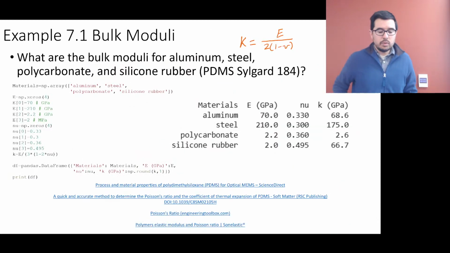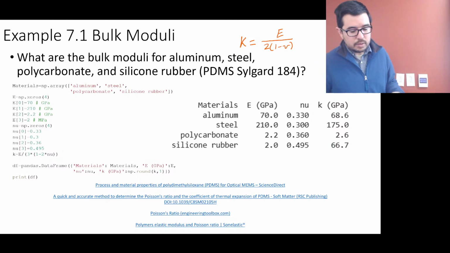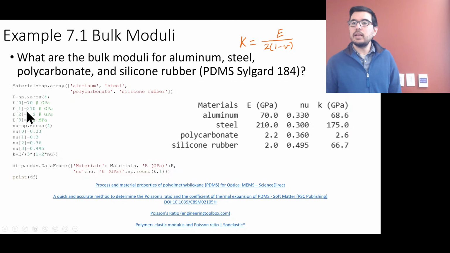Okay, so here are some bulk moduli. If you like, you can run the code, which is available on the website. These are aluminum, steel. These are now elastic moduli that we're almost committing to memory. I do not remember bulk moduli, by the way.